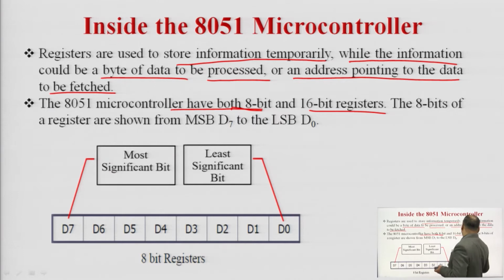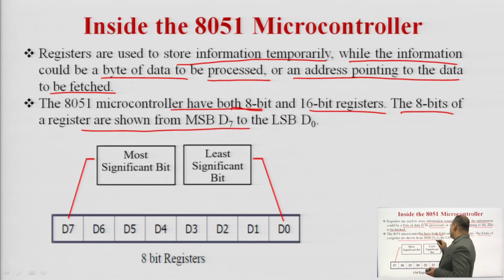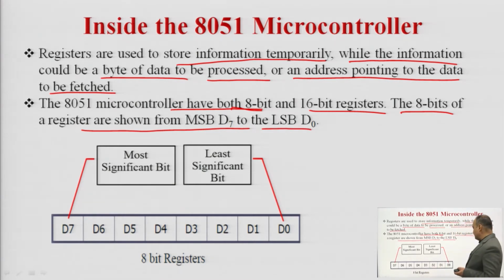The 8 bits of our registers are shown from MSB, D7, to LSB. This is the 8-bit register of the 8051 microcontroller. We have 8 bits, D0, D1, D2, D3, D4, D5, D6, D7.